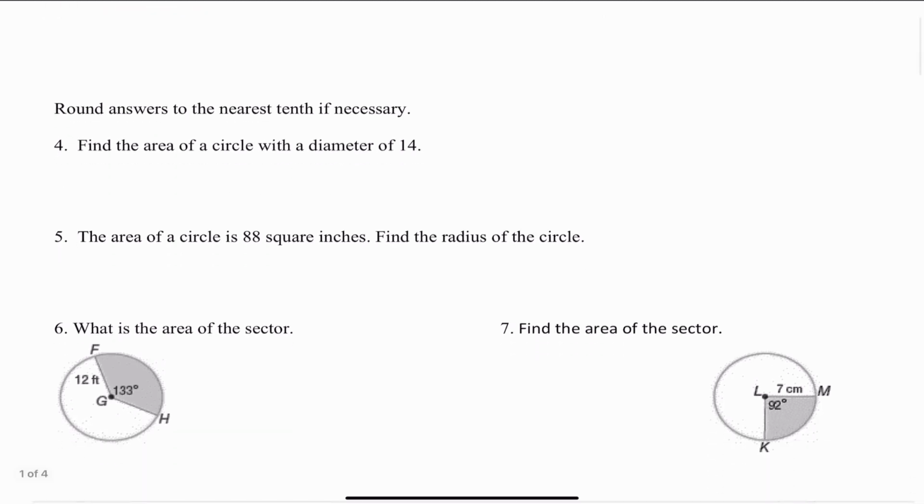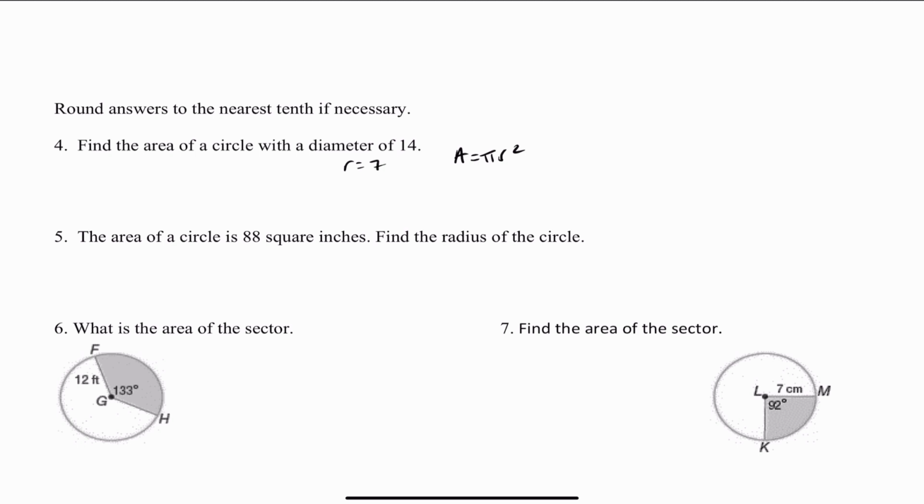It says round answers to the nearest 10th if necessary. But for 4, this one says find the area of the circle with a diameter of 14. I just want you to leave your answer in terms of pi for this one. The area of the circle is A equals pi r squared. The diameter is 14, so the radius is 7.